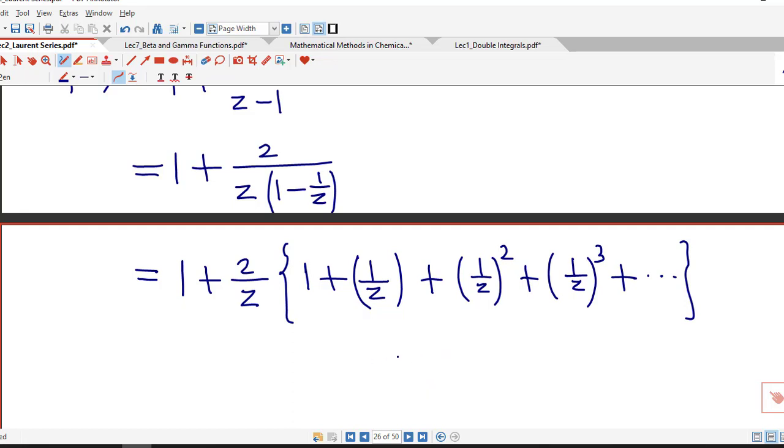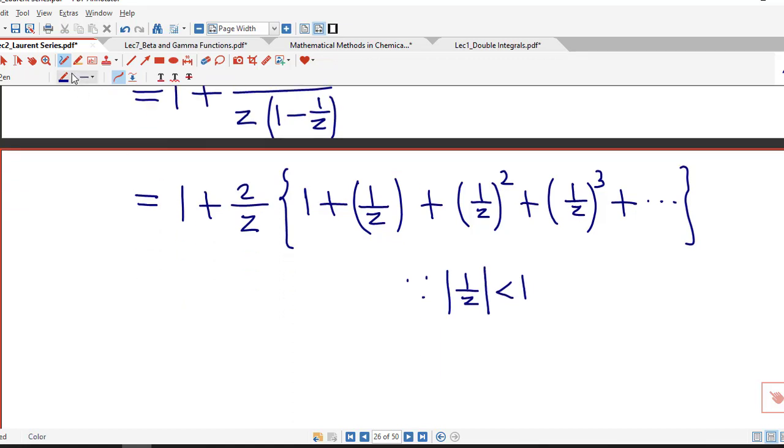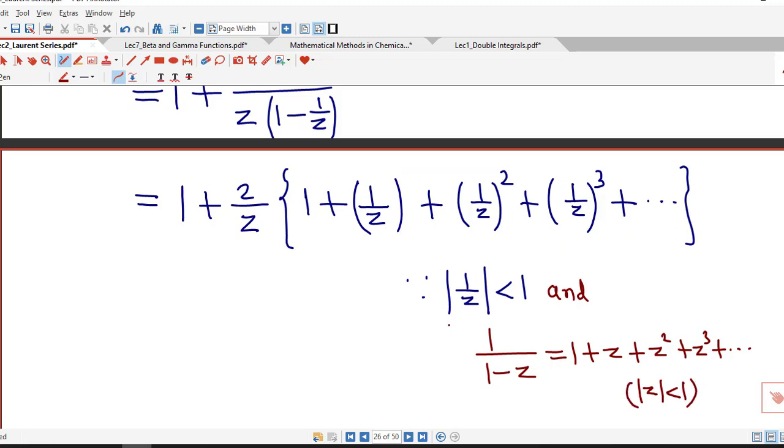And this is possible because the absolute value of 1 by z is less than 1, and we are using that standard Maclaurin series expansion. 1 over 1 minus z is given by 1 plus z plus z square plus z cube, and this is valid if the absolute value of z is less than 1. So here instead of z we have 1 by z, and the absolute value of 1 by z is less than 1. Therefore we can use the Maclaurin series expansion of 1 over 1 minus z by replacing z by 1 by z.